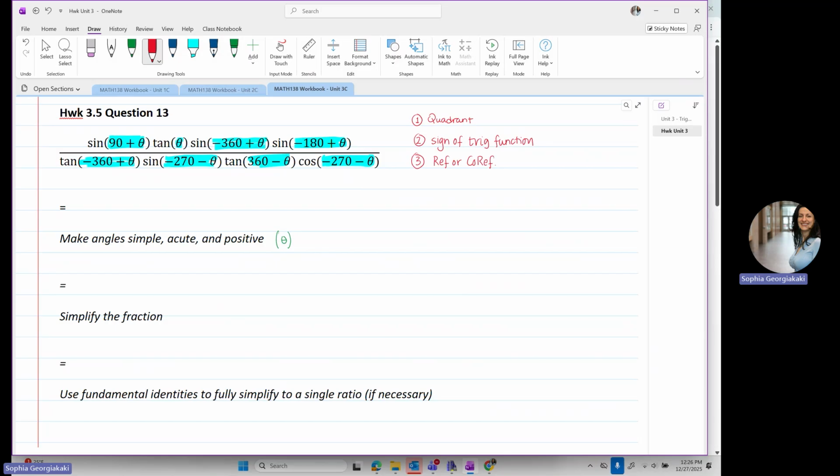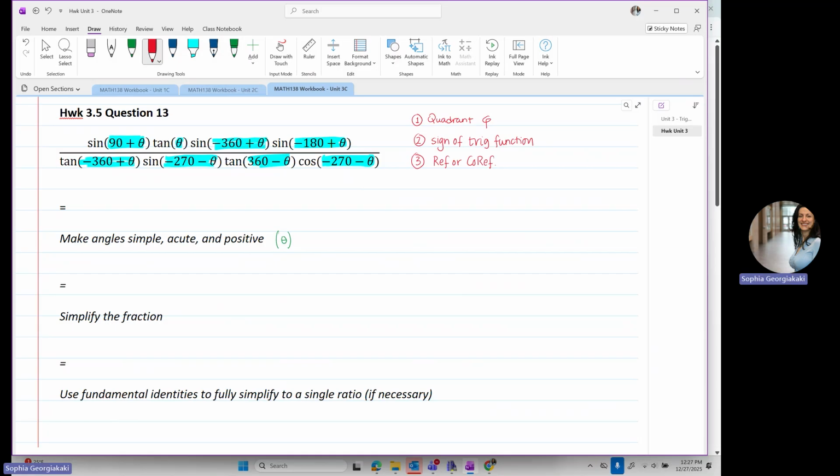So the quadrant of the angle, not theta, but phi, the angle given in the parentheses, the sign of the trigonometric function we are trying to find, and whether we will use the same trigonometric function or the cofunction of theta. And that will depend on whether theta is a reference or a coreference angle.